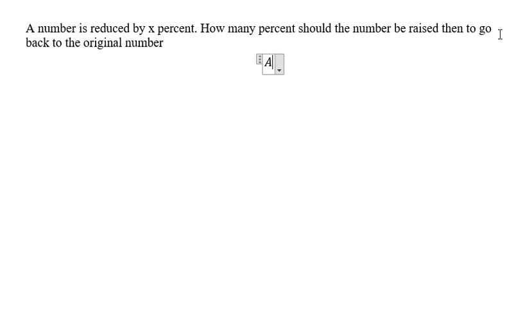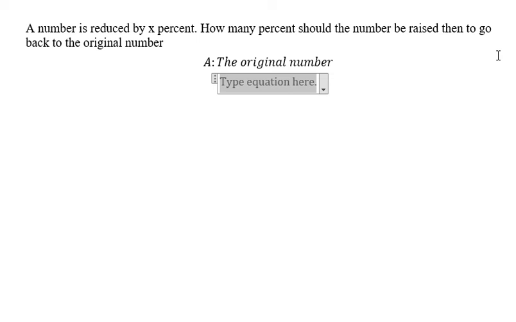We put capital A as the original number. Next, because it is reduced by x percent, we get x multiplied with A. This is the amount of reduction.